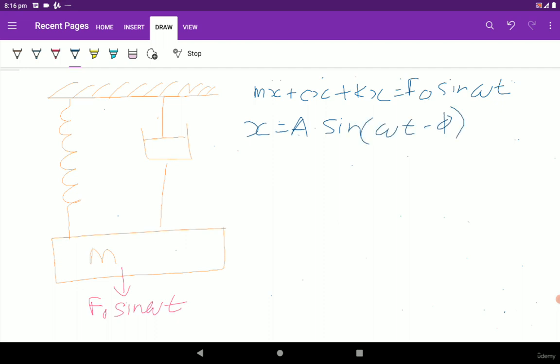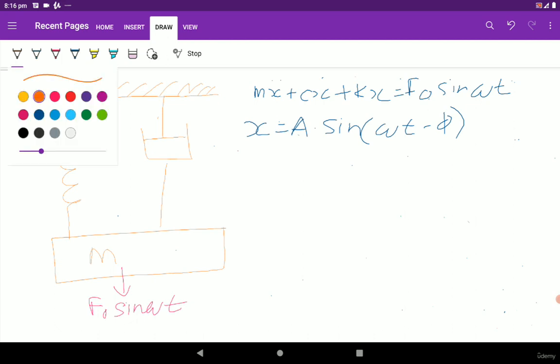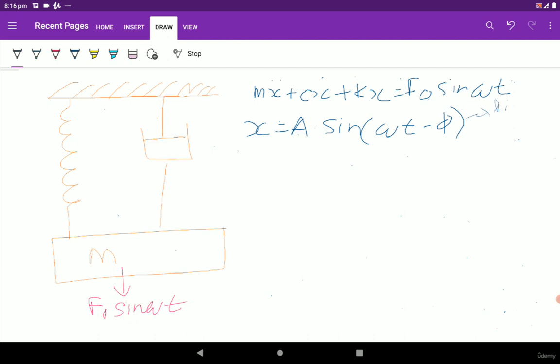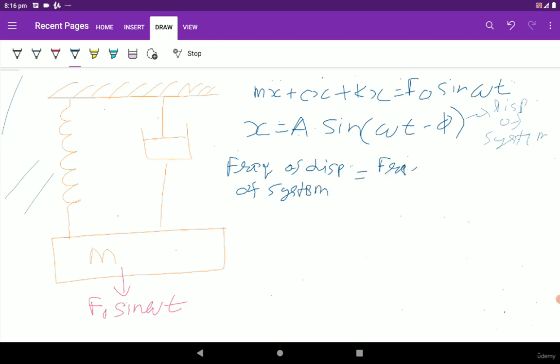So this is the displacement of this system basically. And the frequency of displacement of the given system is equal to the frequency of external excitation.